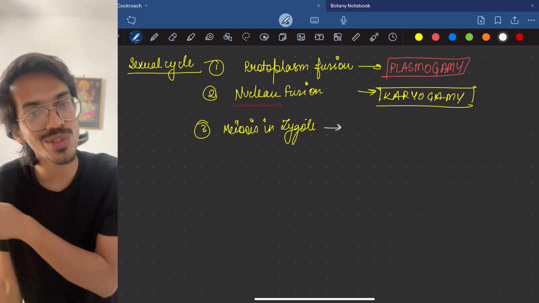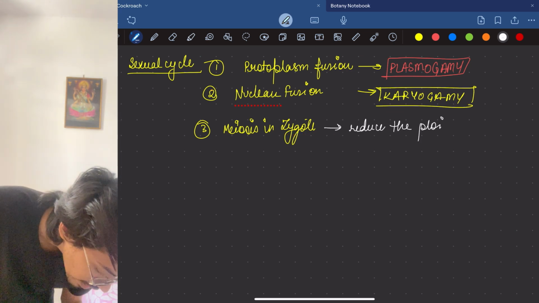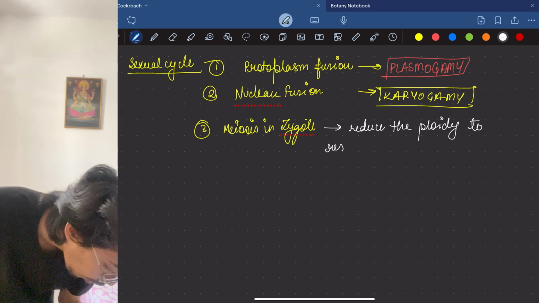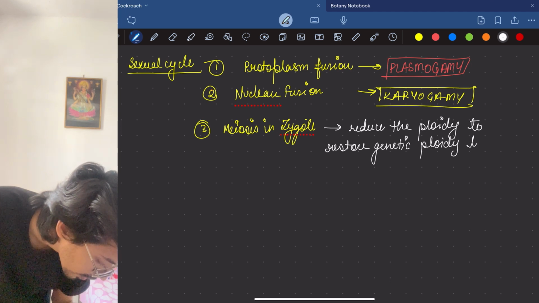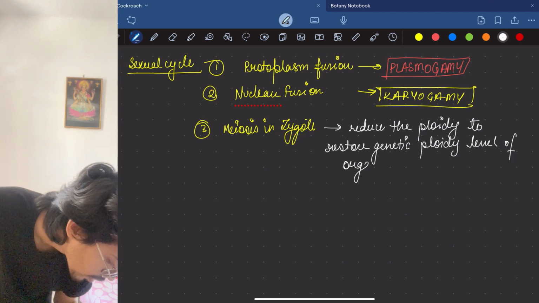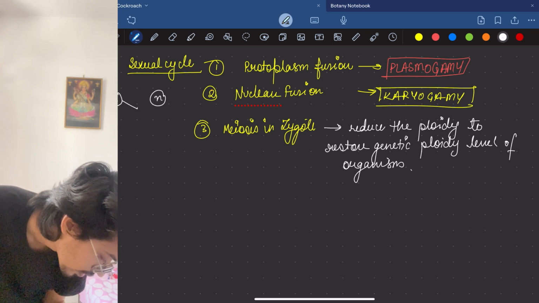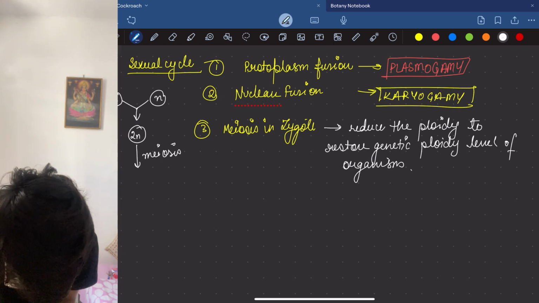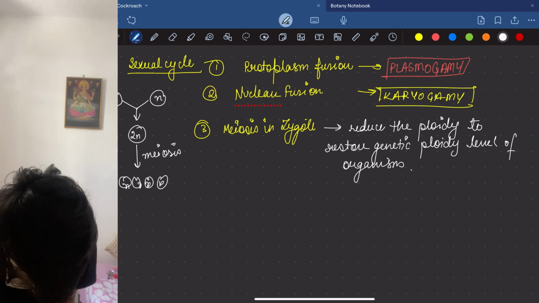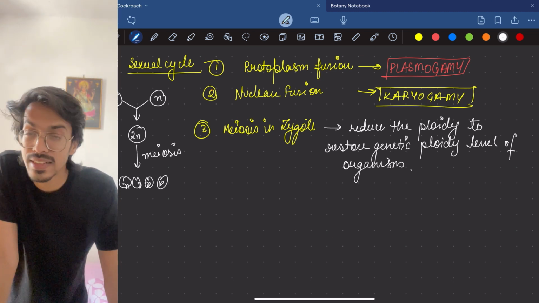If someone asks why it is taking place, an assertion and reason based question will be asked. This meiosis will reduce the ploidy to restore the genetic ploidy level of the organism. So there was n, the cells meet and form 2n, and now they undergo meiosis to form haploid cells, and the generation is completed.